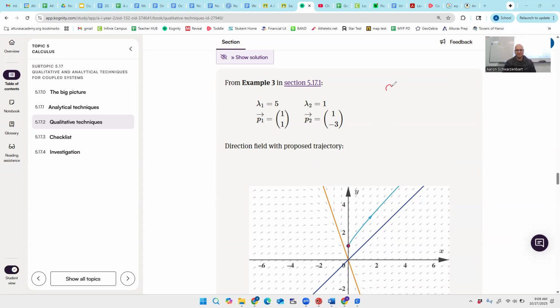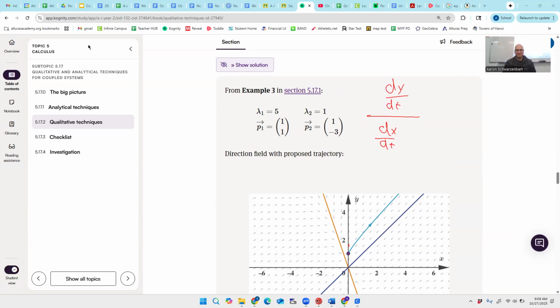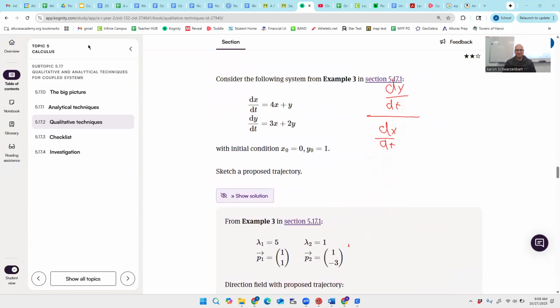How do you get the proper slope? dy/dt over dx/dt. Okay. Plug them in, looking at my original system. Here's my point. 1, 1 is, oh wait, 1 is the bottom. dy/dt is 2. So I start with a slope of 2 when I plug that into those.